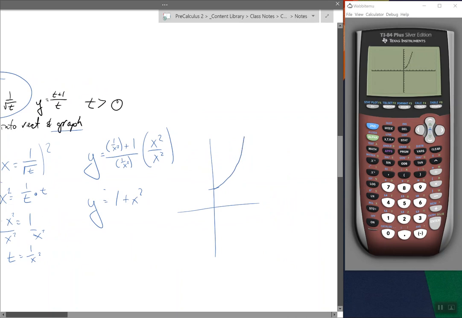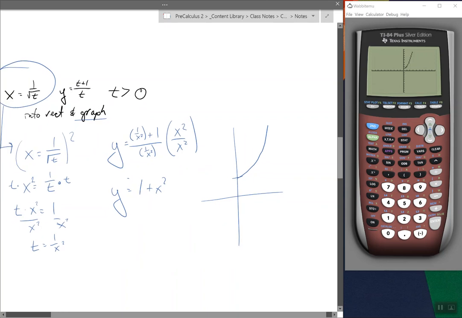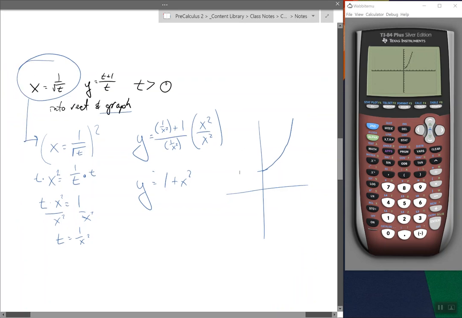Okay, so how do we know that we are sort of on this part of the curve? How do we know that that's where we're looking at and we're not looking at the entire parabola? Well, that is partly from the t that they gave us to start. So t was greater than 0, which if we look, when we plug t greater than 0, we can never get a negative out of 1 over square root of t.